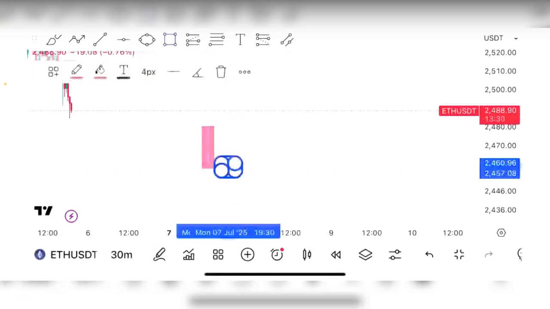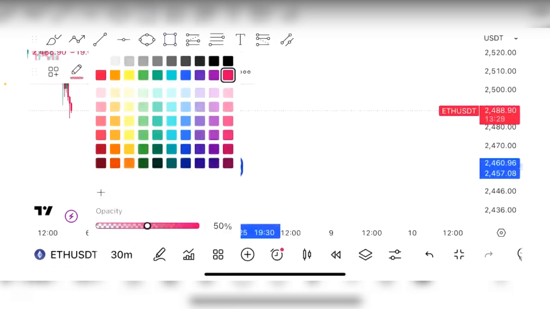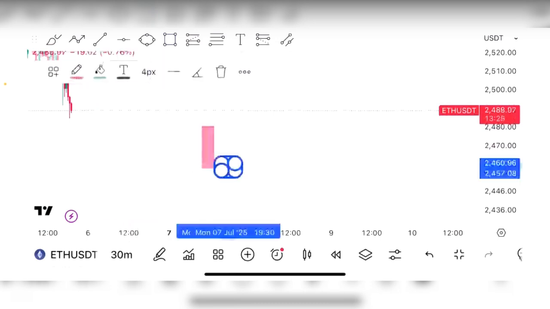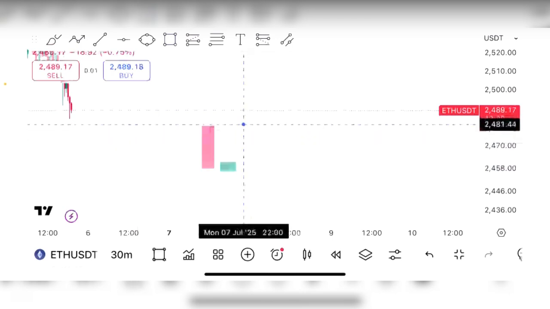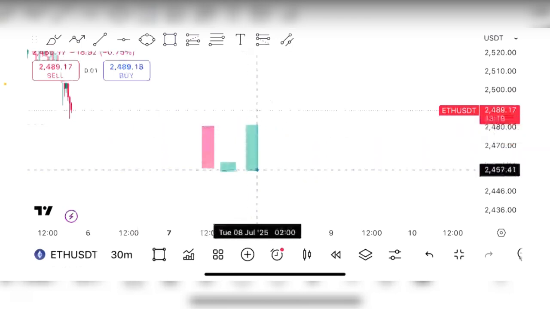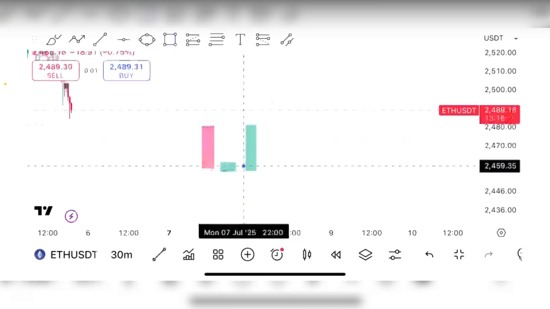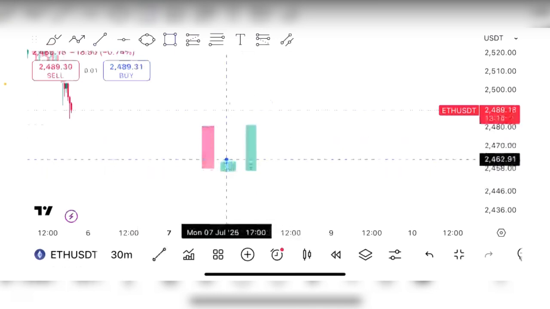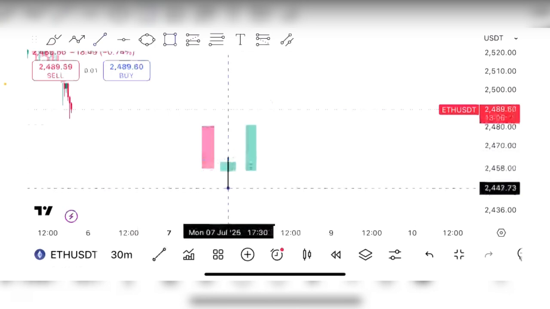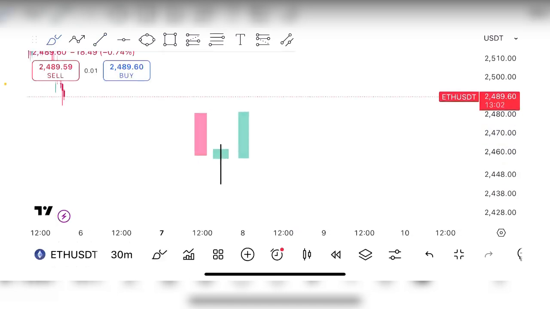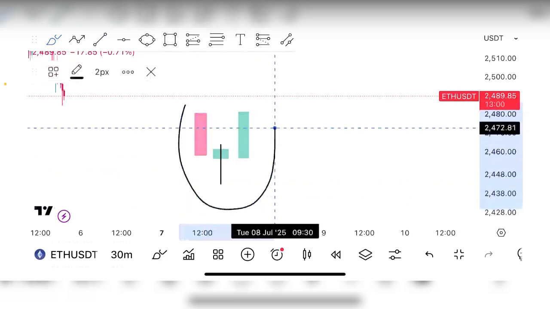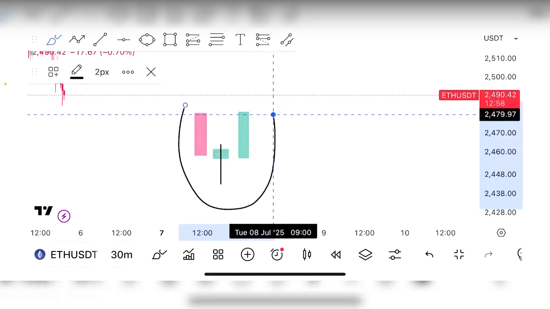But this should be green. This is how the morning star looks like. It looks like a U shape.